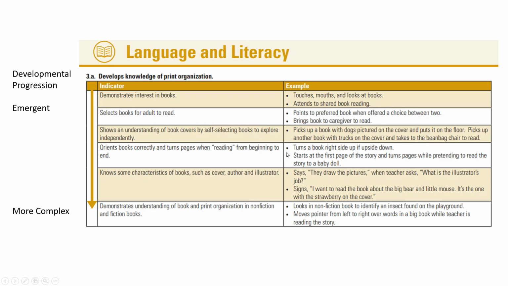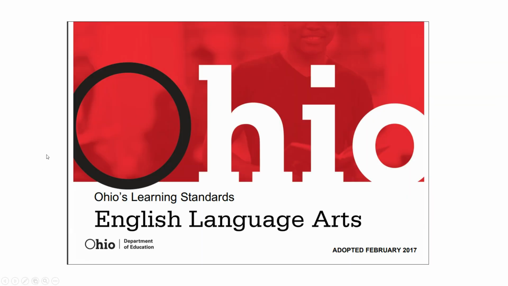And these get slightly more sophisticated with each step, until you actually have kids moving their pointer from left to right over words in a book while the teacher is reading the story. That's pretty complex directional behavior. So they always start early and they get to more complex. So this is what the standard looks like.